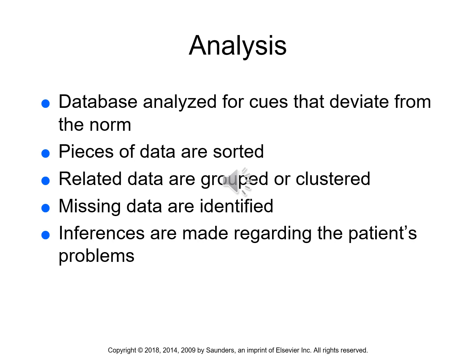Data clustering is grouping data to help the nurse form a clear picture of the patient's health status. That could be done in a variety of ways: based on the person's body systems, nursing theories, or other ways they might group it.